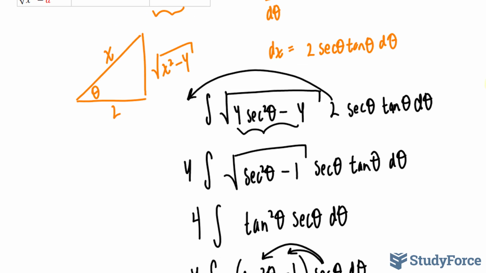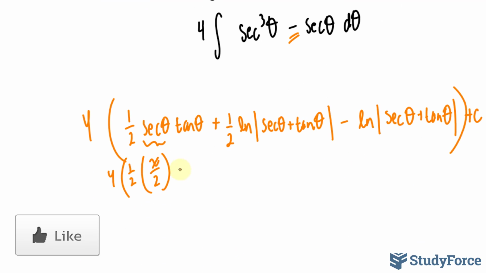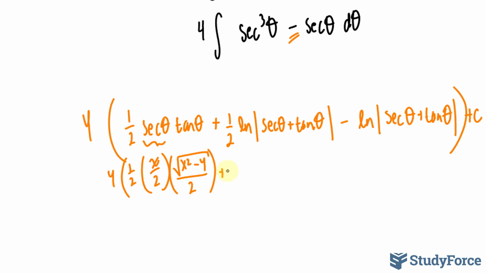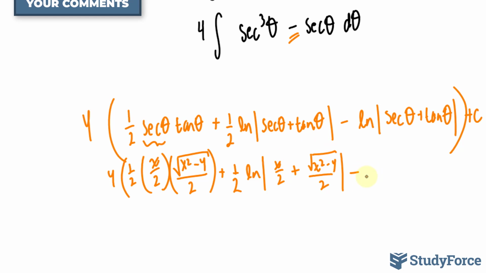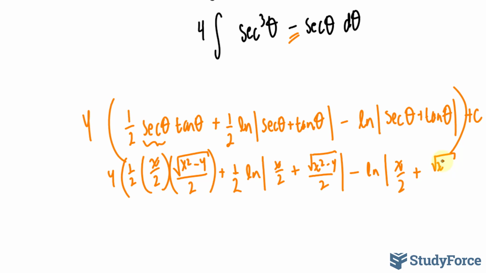How about tangent theta? Tangent is opposite over adjacent. Our opposite is this expression over the adjacent of 2. So we have x to the power of 2 minus 4, that's square rooted, over 2, plus 1 half ln of, once again, x over 2 plus this expression, minus ln of x over 2 plus square root of x squared minus 4 over 2, close the bracket, plus c.